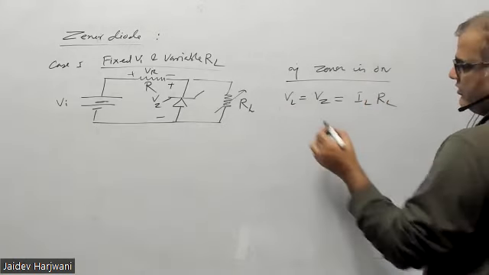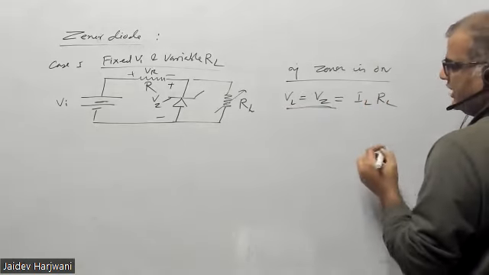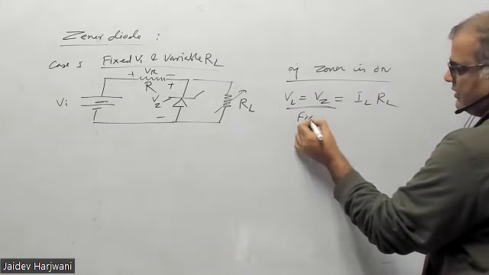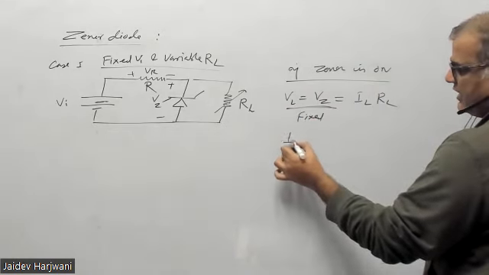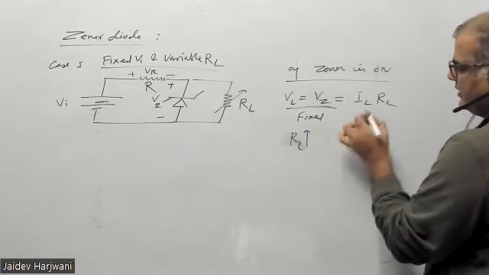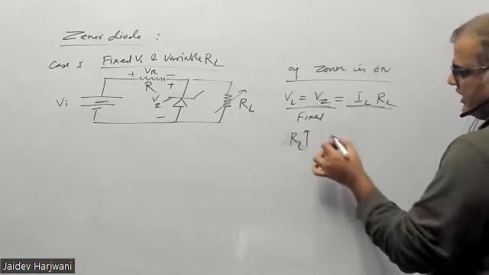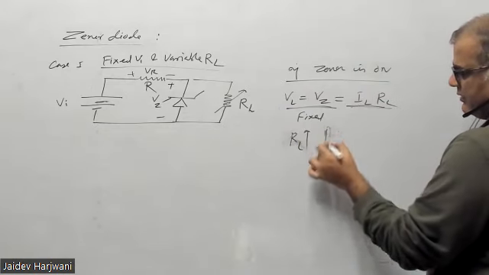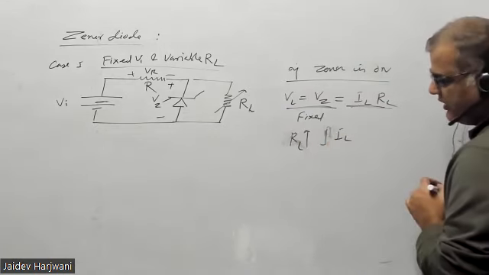Now this is a fixed constant. If you increase RL, this multiplication should stay fixed, so IL will decrease. IL will keep on decreasing.